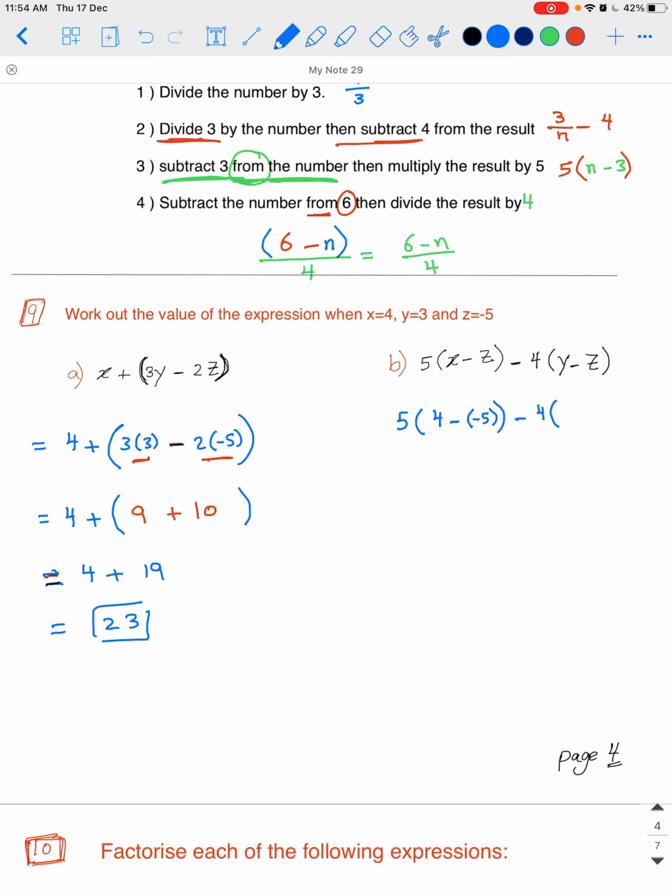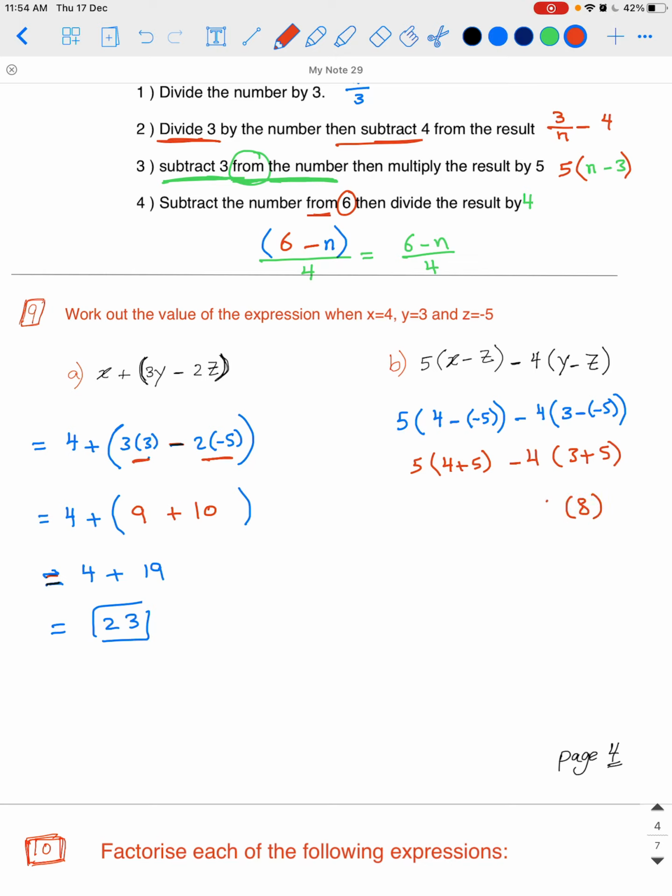Minus 4, open bracket. Y is what? Y is 3. Minus z is what? Negative 5 also. Okay? So 4 plus 5, because here it will be plus, negative means positive. And here also it will be plus.